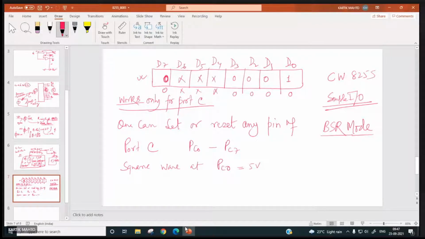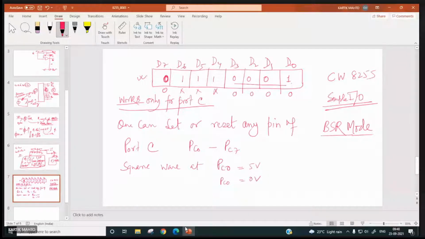This you have to make in order to make PC0 equal to 0 volt. Right. So what is the control word? Suppose we make all these bits 1. What is our control word? This is 7 and this is 1, no?